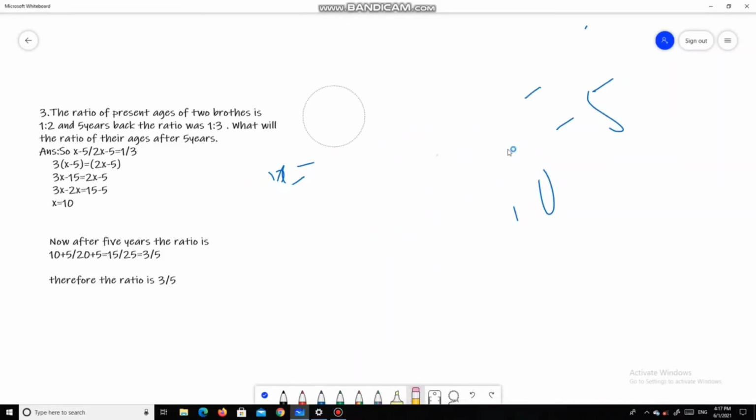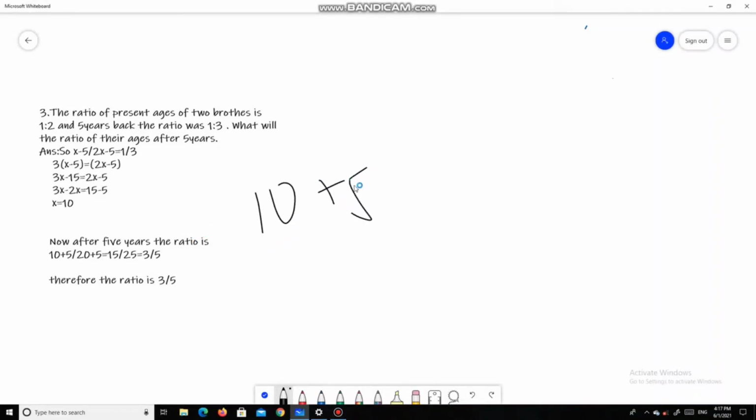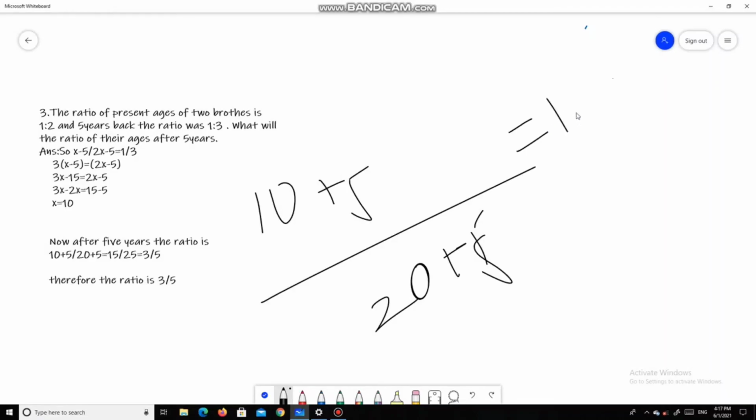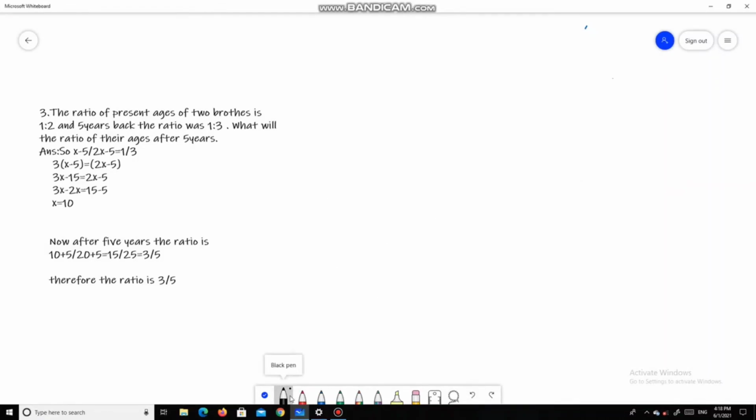Now the last step for the answer of this question is, we have to find the ratio of their ages after 5 years. So 10 plus 5 upon 20 plus 5, which is equal to 15 upon 25.